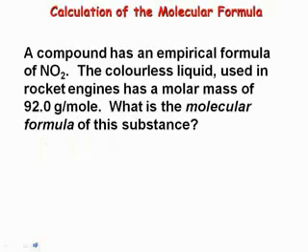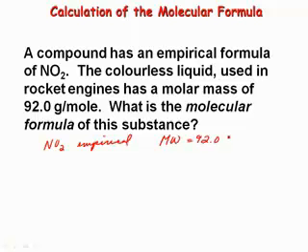Now, how do we find it? Well, in order to calculate a molecular formula, you need two things. You need the empirical formula, and then you also need the actual molar mass. So in this example, we're working again with NO2 as the empirical, and it says that we have a molar mass of 92 grams per mole.